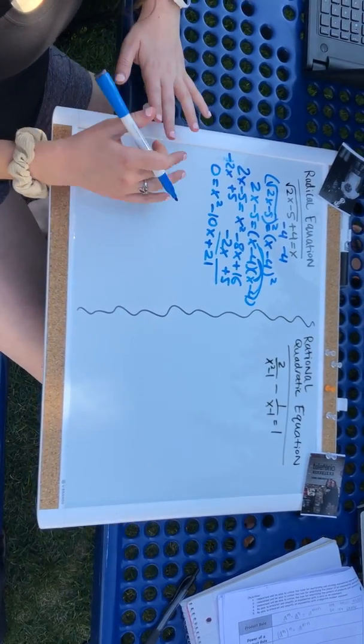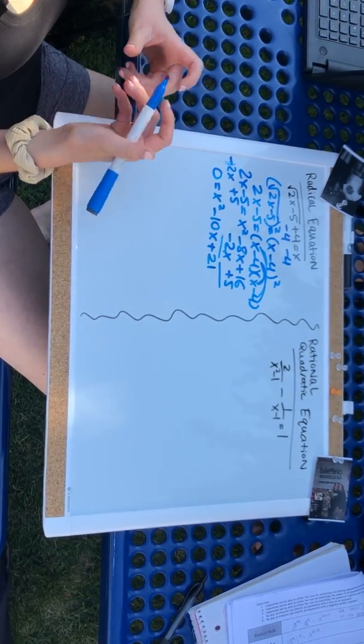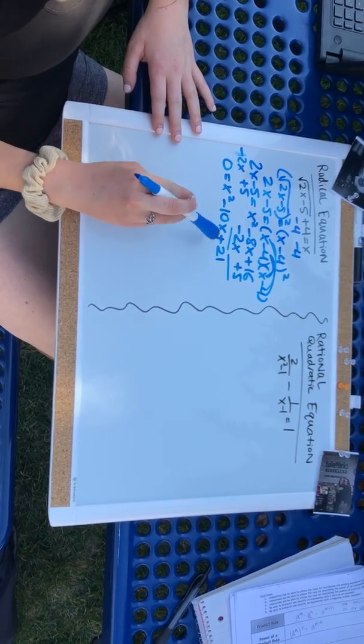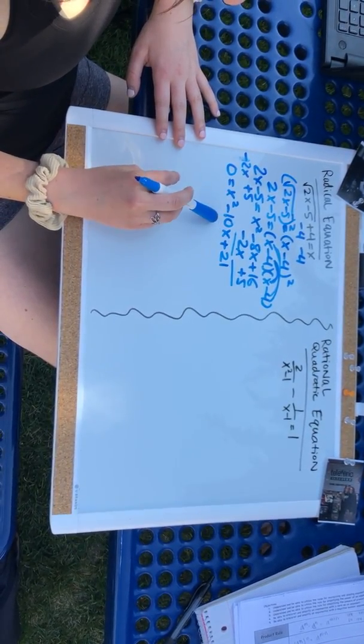So then we need to factor this. You have to think about which numbers will multiply together to equal 21 and add up to equal negative 10.